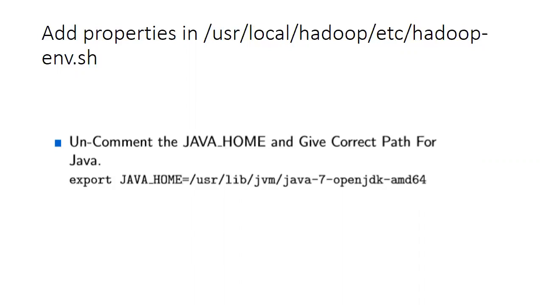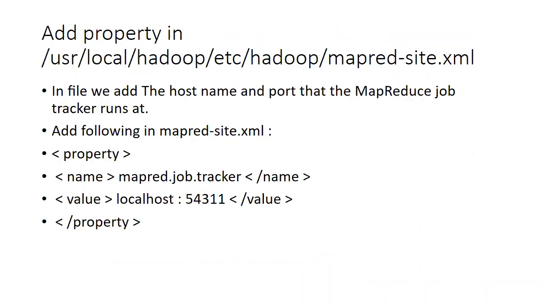The next one, we have to configure mapred-site.xml. What are the things we configure in mapred-site.xml? You can observe here the property name and value. Here we configured the job tracker service, where exactly the job tracker service is going to be started, that is the property value.